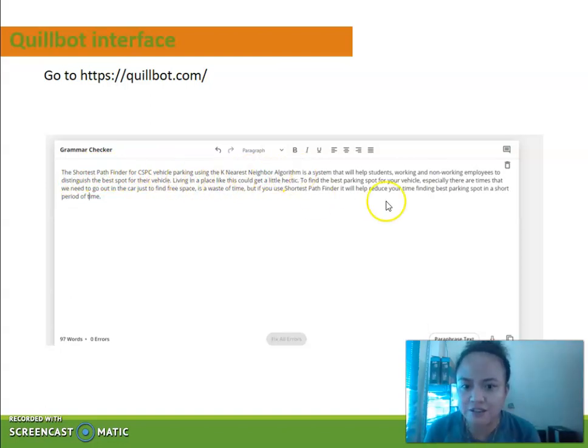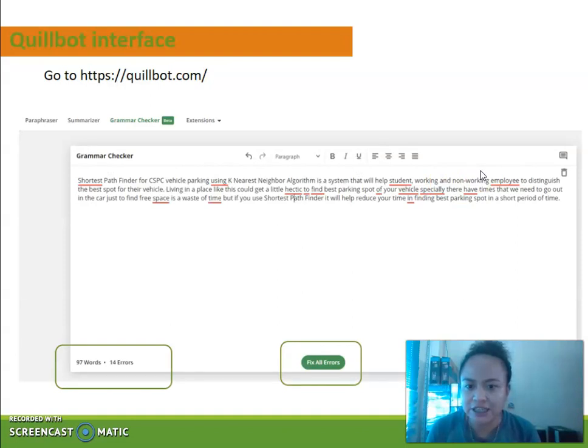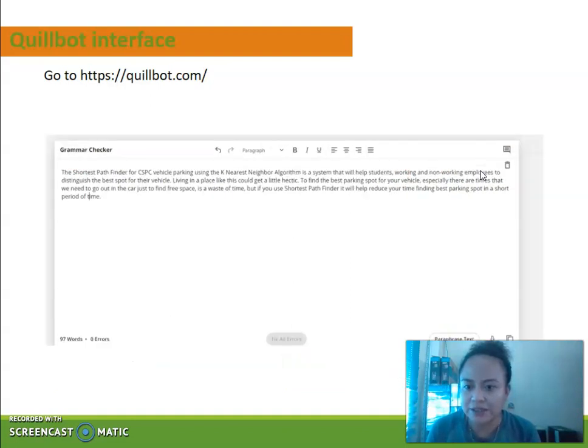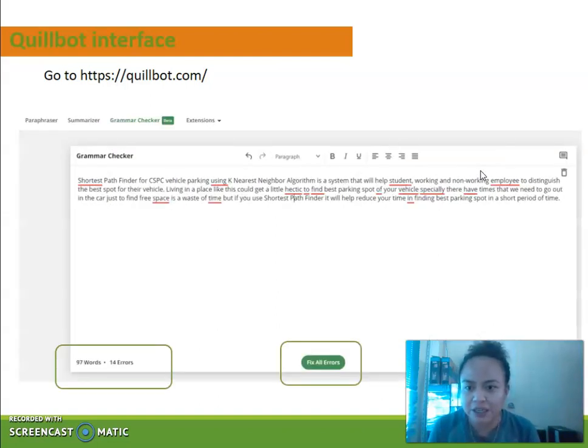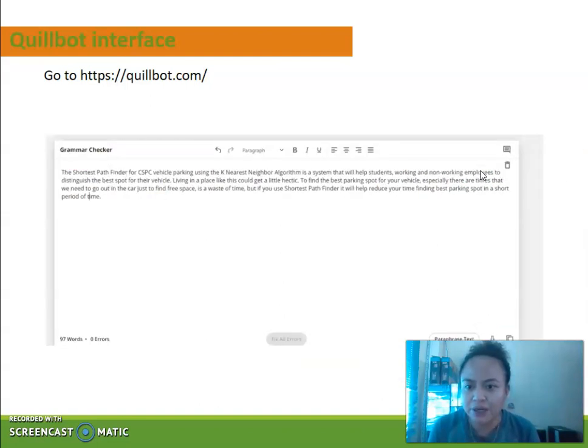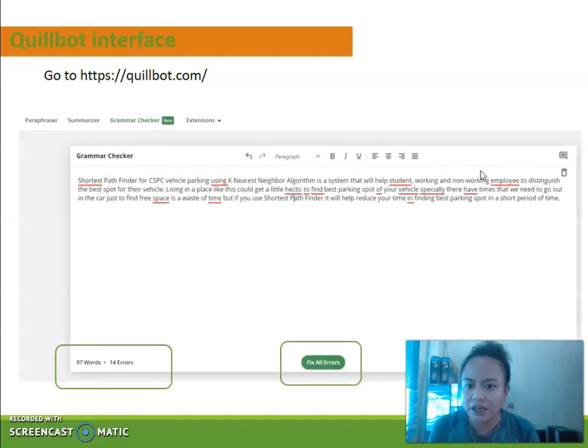Wala na yung student. Ayun. Binago niya yung working and non-working employee. So, original natin, shortest path. Sabi niya, the shortest path. So, mas maganda siyang pakinggan. And then, vehicle parking using the. Ayan, using the. Nilagyan niya ng the.